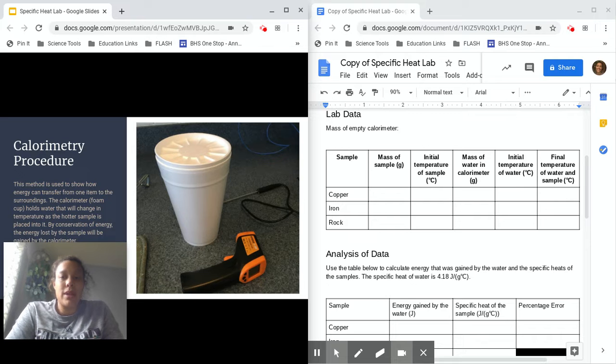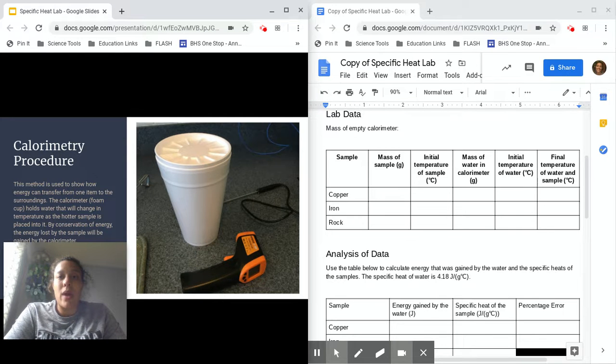But what we're doing in this lab is called calorimetry, which is basically a procedure used in chemistry, food science, things like that to show how energy or heat gets transferred from object to object. Now I said food science. So food scientists can use this process to figure out how many calories are in the foods that we eat every day.